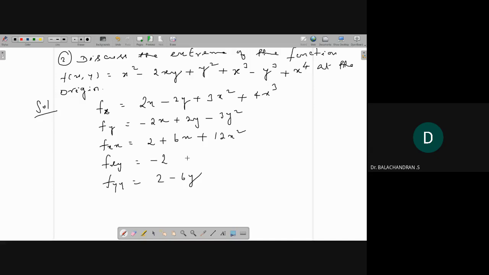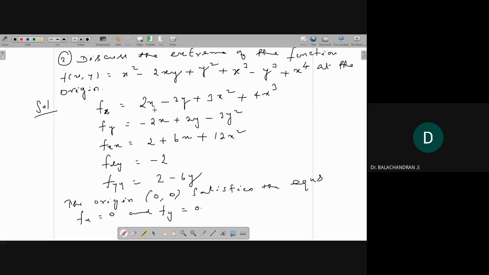So the origin (0, 0) satisfies the equations fx = 0 and fy = 0.